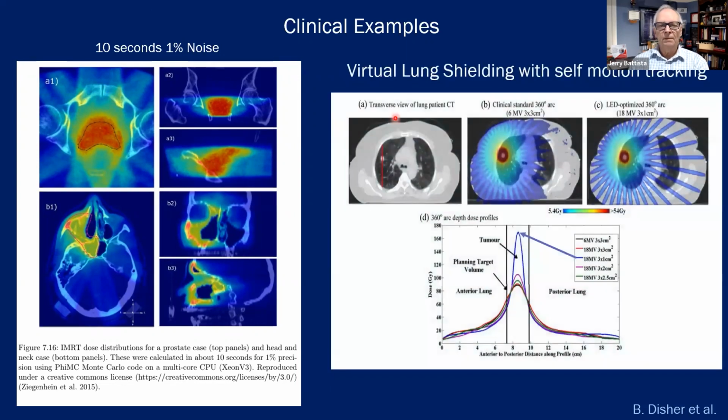It's amazing. Here's an interesting application where we had the idea, and nobody has done this clinically, so bear with me. We came up with the idea: why don't we create a virtual lung shield just by causing forced disequilibrium? So this is a 6 MV field, 3 by 3 centimeters squared, hitting this target.